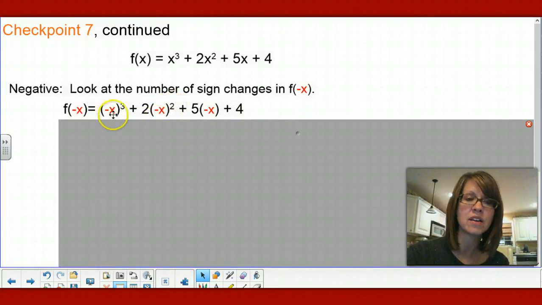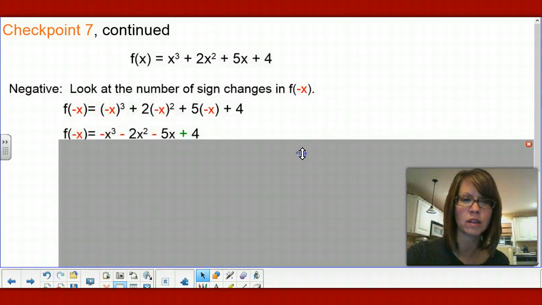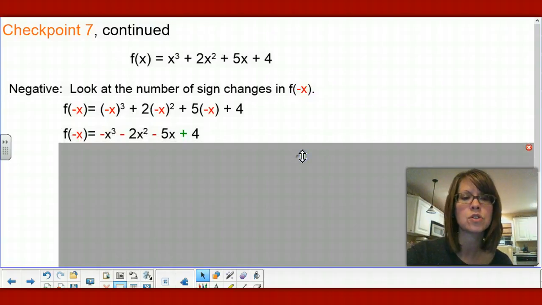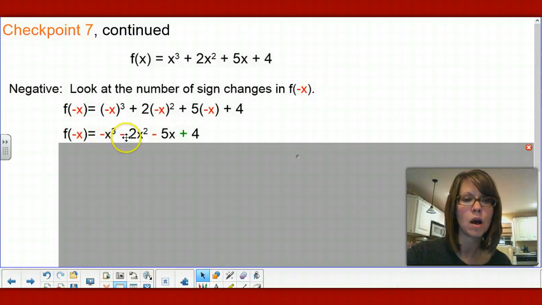And if you take a negative x and you cube it, that value is negative, because you have a leftover negative. When I look at this one, I see a mistake I've made: this should be a positive 2x squared minus 5x plus 4.